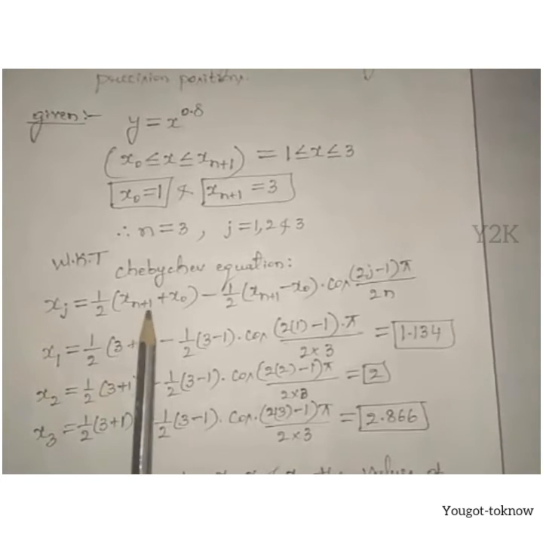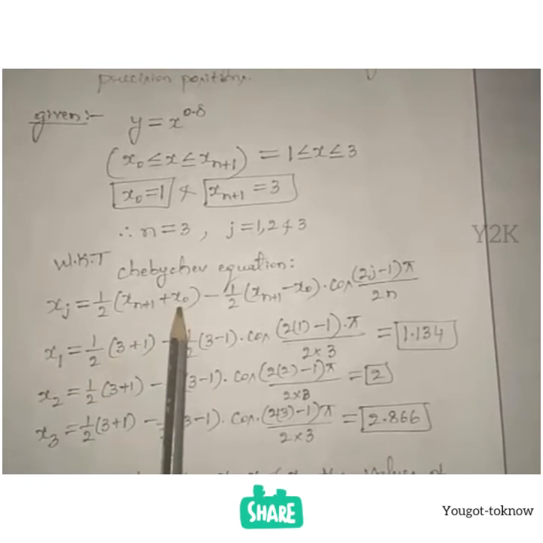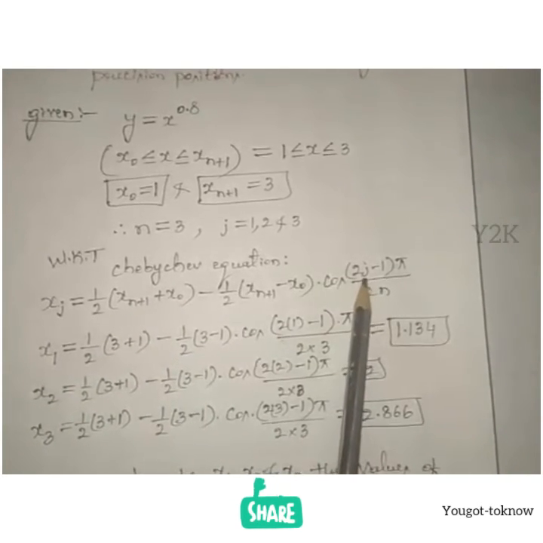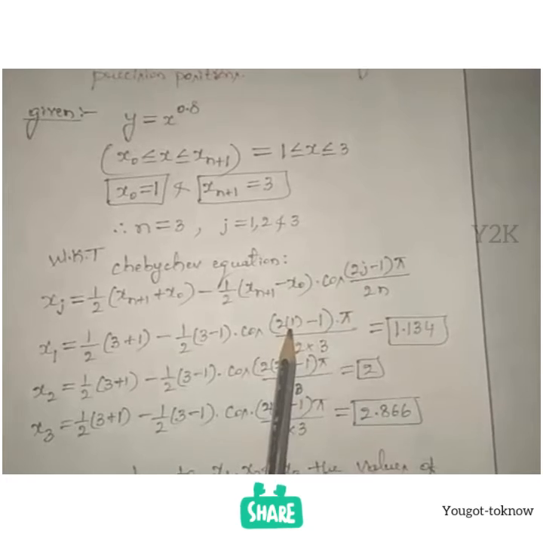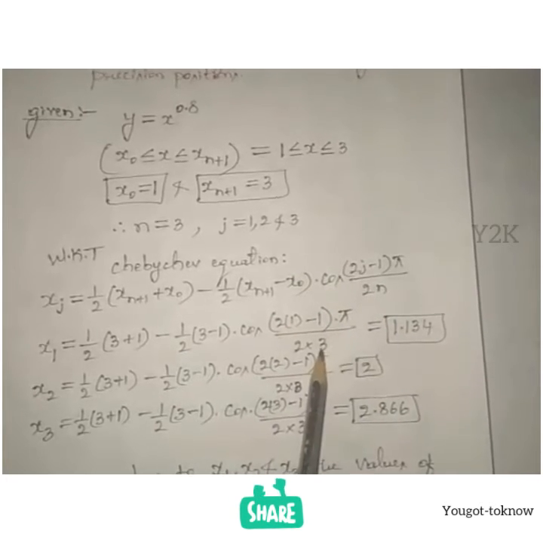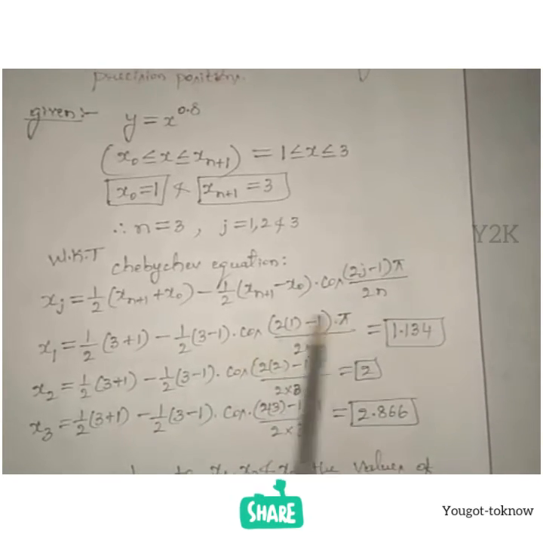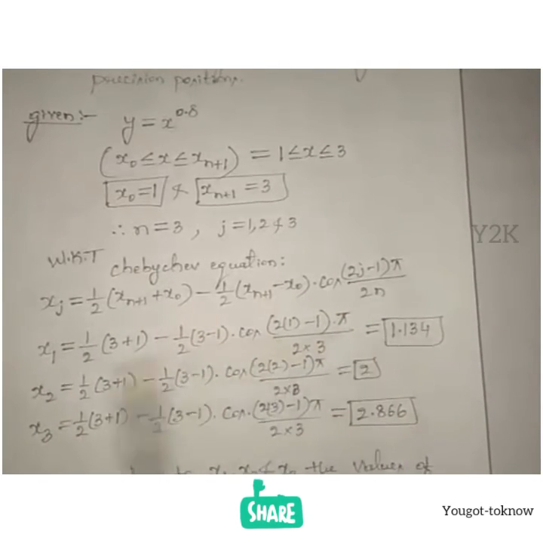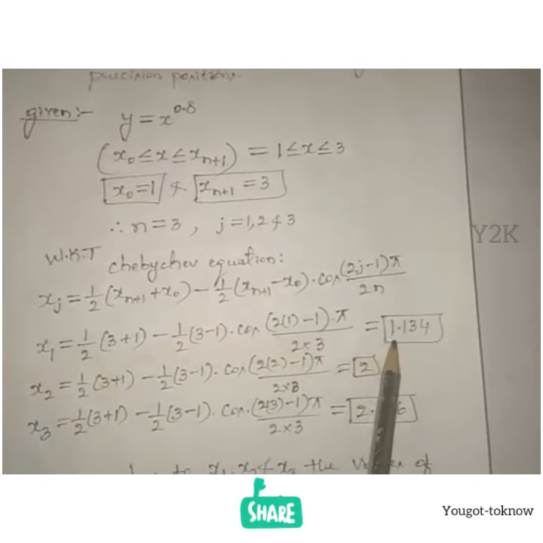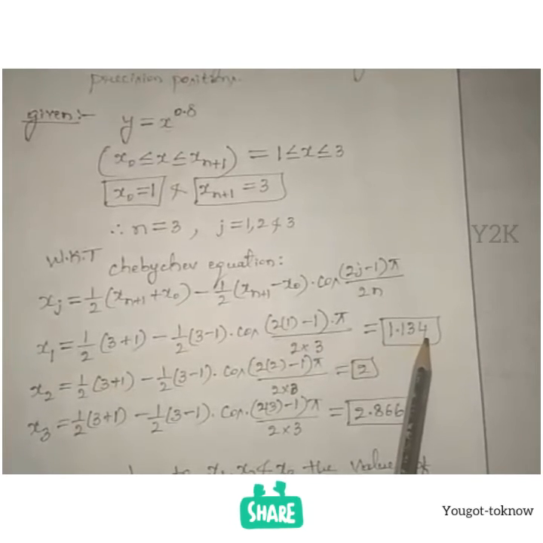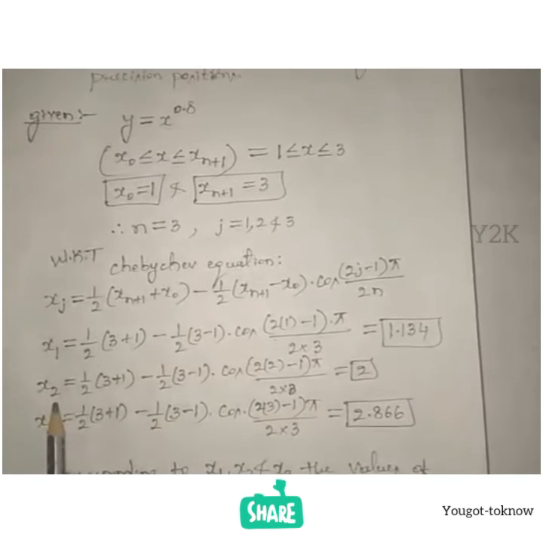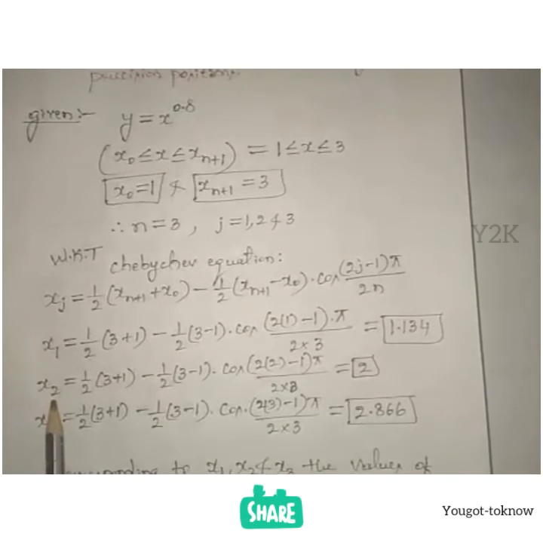Then the value of x_{n+1} is 3, x0 is 1, j is 1, and n is 3. Under radians mode, simplify this equation, then we get x1 equals 1.134.